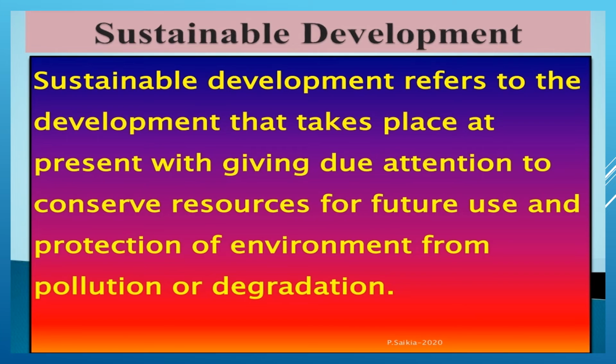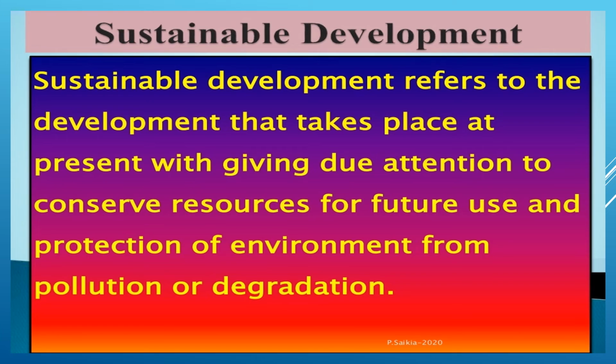So we come to this most important topic of sustainable development. Now we have studied this topic in geography, chapter 1, Resources and development, where we did conclude that when you are conserving resources for the future generation and using them judiciously, it is called sustainable development.